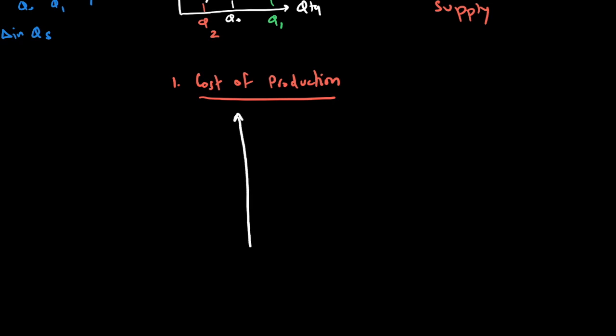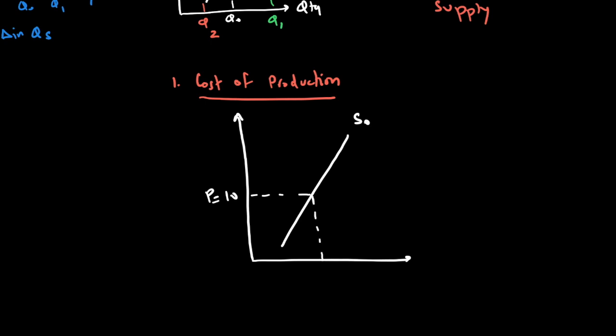Let's say right now this is my supply curve, and currently a firm for a price of $10 is supplying 15 units.